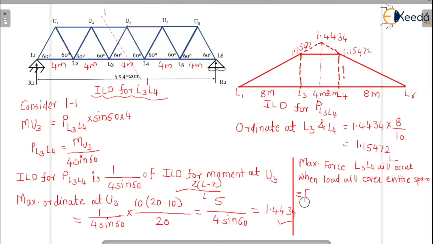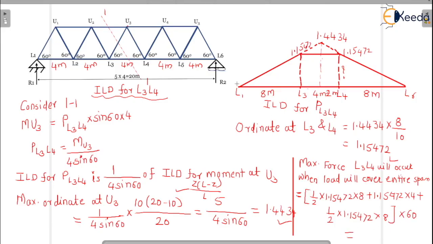The area of the first triangle is 1 by 2 into 1.15472 into 8, plus the middle part 1.15472 into 4, plus 1 by 2 into 1.15472 into 8, into 60.